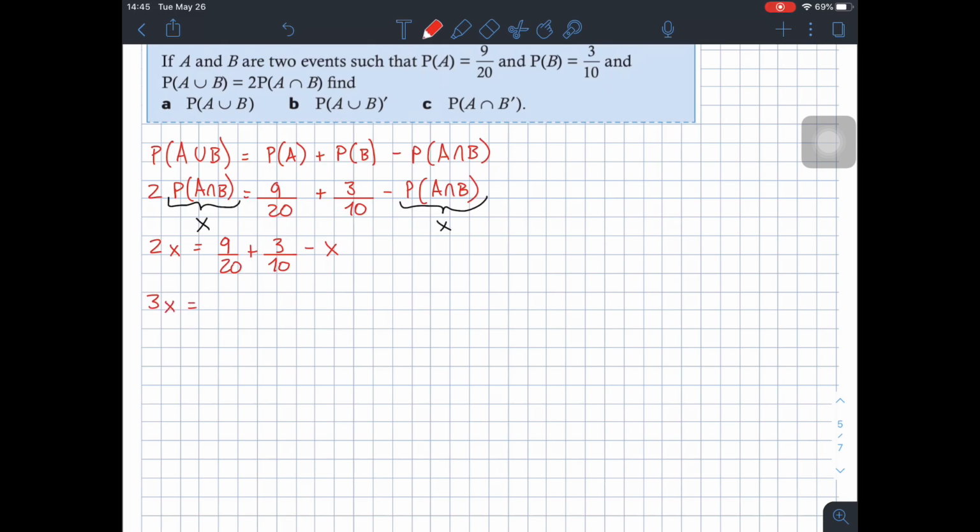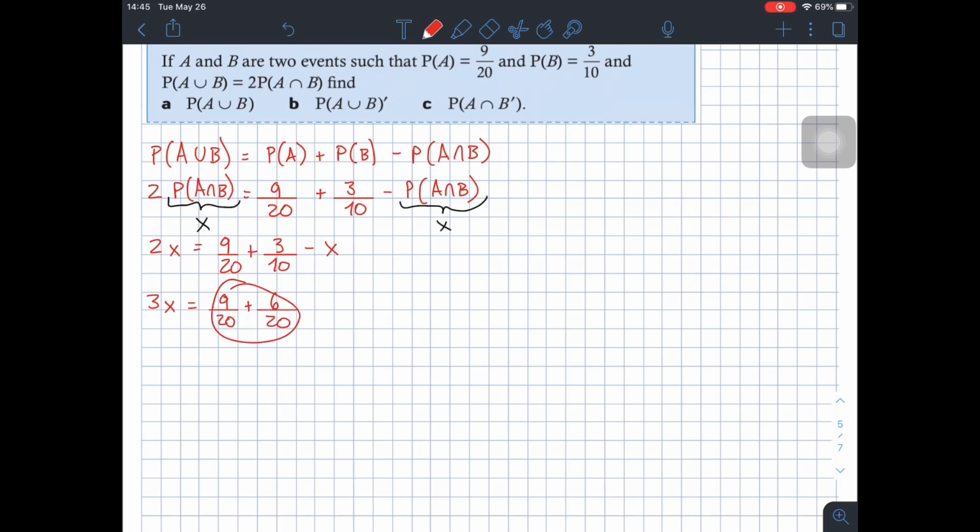equals 9/20 plus 3/10. If we're not using a calculator, I would rather amplify this fraction in order to get 9 over 20 for the first one, plus, if I multiply all of this by 2, 6 over 20, which is the same as 3/10.